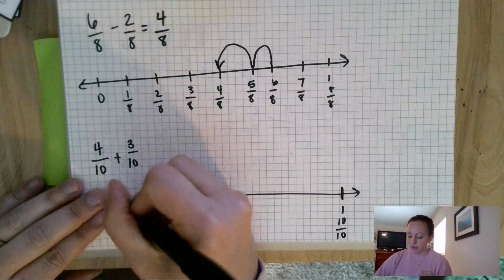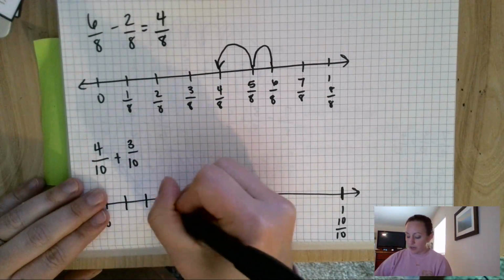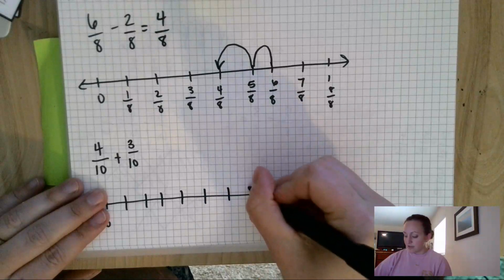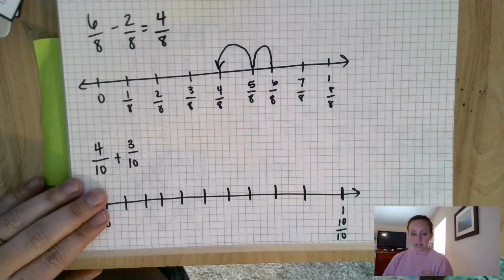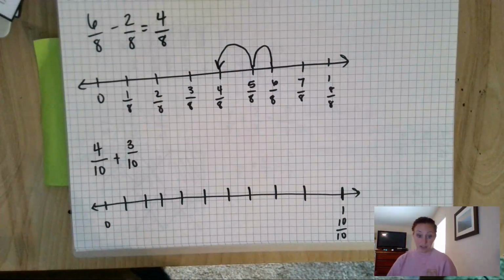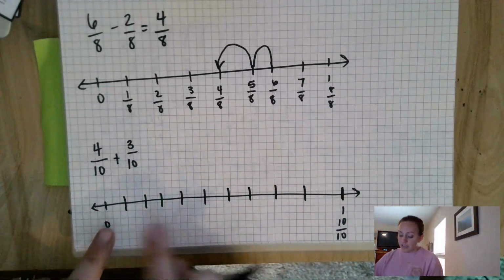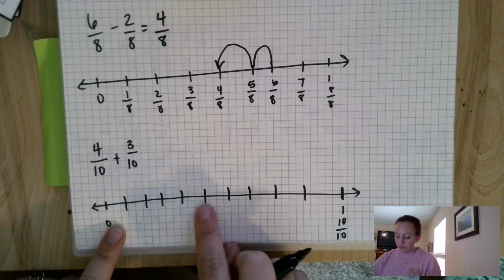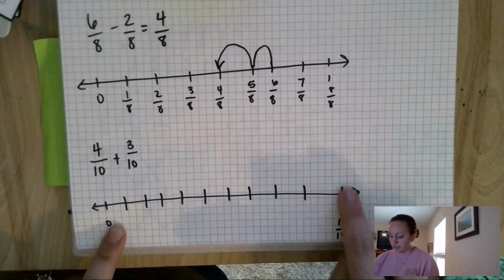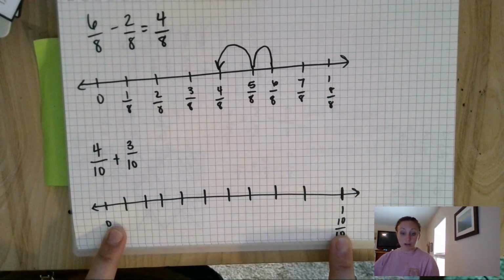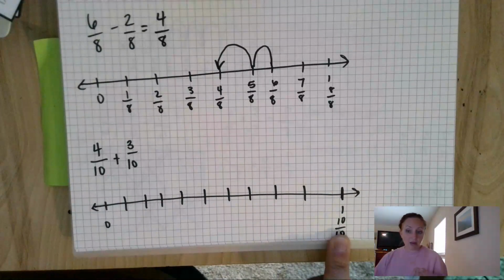All right, so I have 1, 2, 3, 4, 5, 6, 7, 8, 9, and then 10 right there. All right, and of course my number line is not at all equal sized pieces, but that's okay. So you see how I did that. 1, 2, 3, 4, 5, 6, 7, 8, 9, and then 10/10 is the same thing as one whole. So really keeping that in mind.